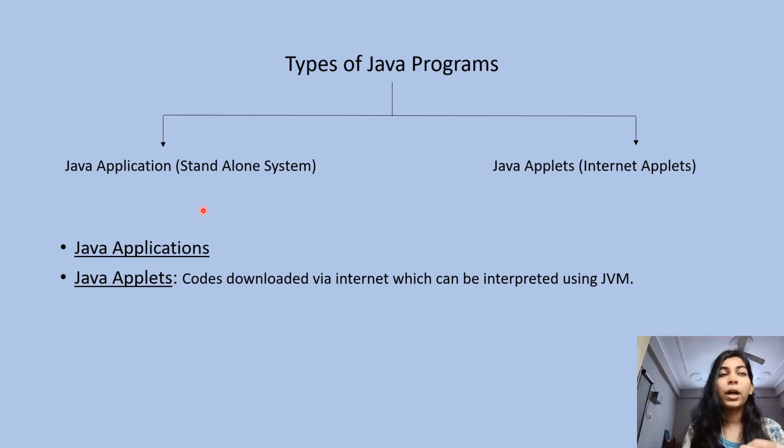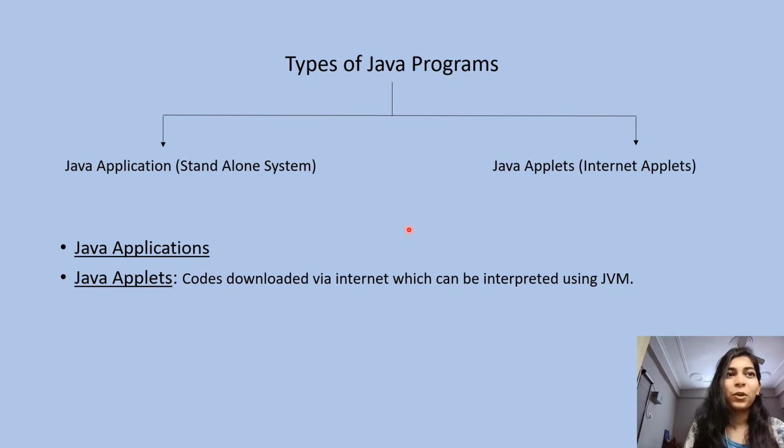So this requires that main method for its execution, but the applet does not require the main method for its execution. Instead, init method is required, which we do not need to know because we are studying computer applications, Java applications, like we are going to create programs ourselves.